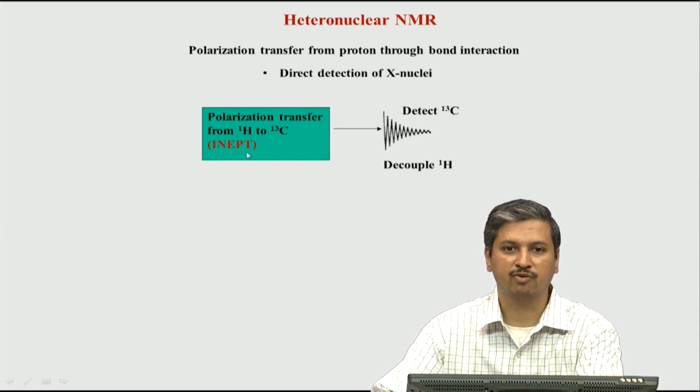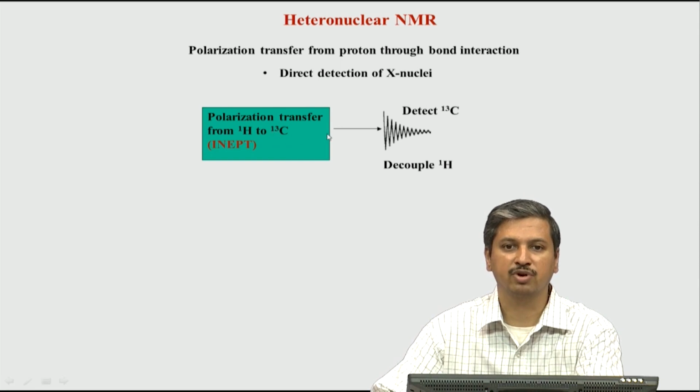This block of pulses I put first. After the end of the block, the polarization from hydrogen would have been transferred to carbon. Then after that I excite the carbon by a 90-degree pulse, which is not shown, but let us say we have it in this scheme, and that excitation will now bring the population difference from hydrogen of 2 protons. So, the population difference in carbon is much higher compared to what it was earlier.